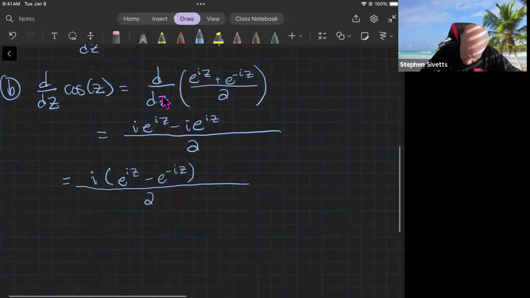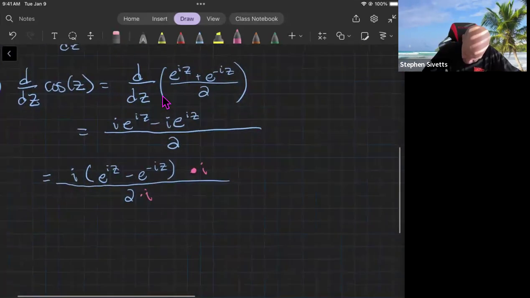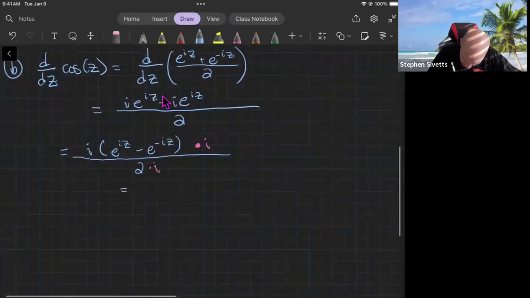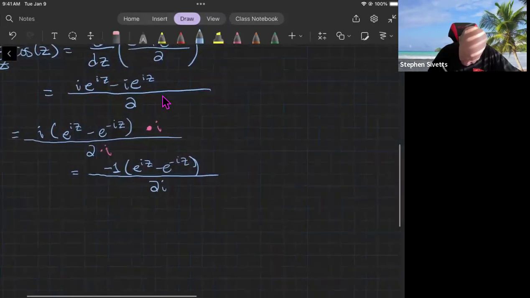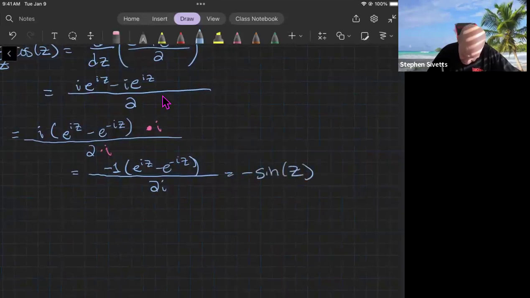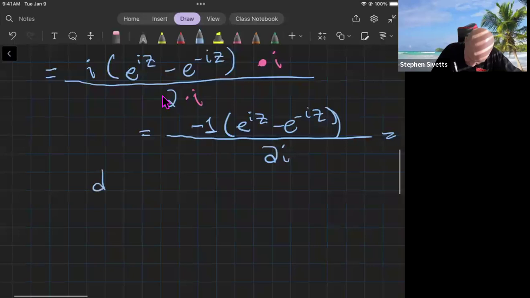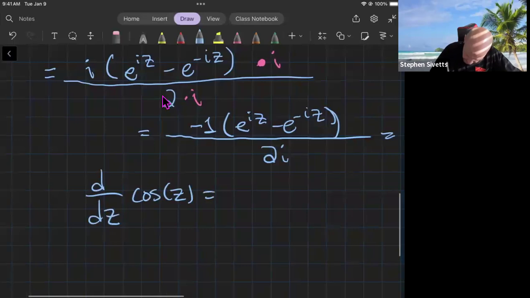And if I multiply the numerator and denominator by i, I'll have a minus 1, since i squared is negative 1. So I'll have minus the quantity e to the iz minus e to the minus iz, over 2i, which is minus sine of z. So the derivative of cosine of z is equal to negative sine of z.